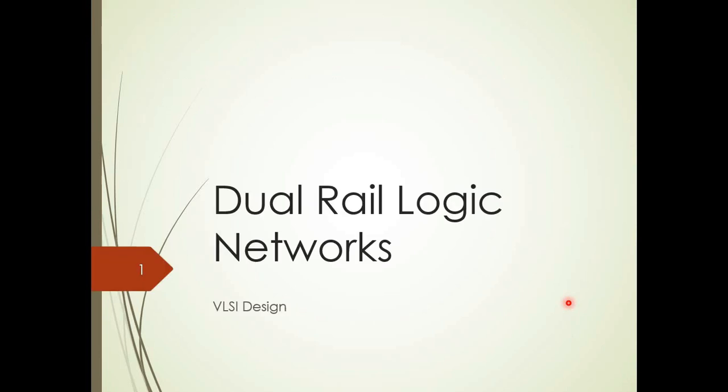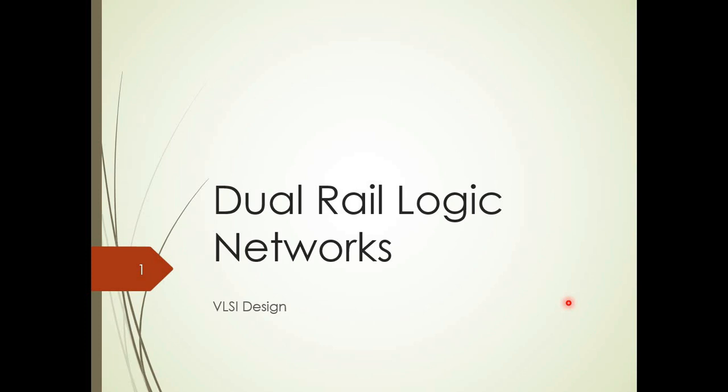In our last few lectures, we have been studying different techniques which can be used to design our logic networks. So up till now, the techniques we have been studying only talk about logic 0 or logic 1 levels. Either we are considering inputs as logic 1 or logic 0, or we are only considering our output as a logic 1.